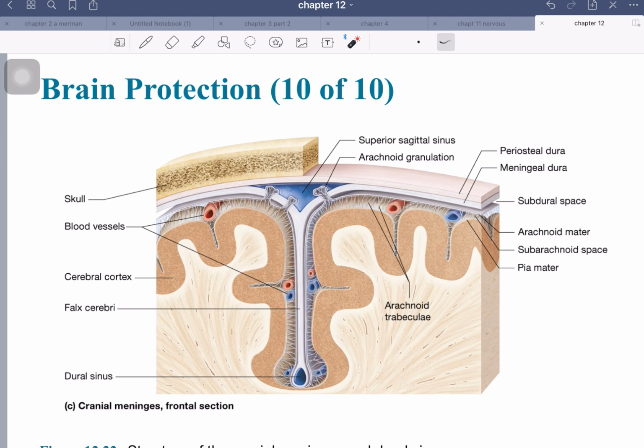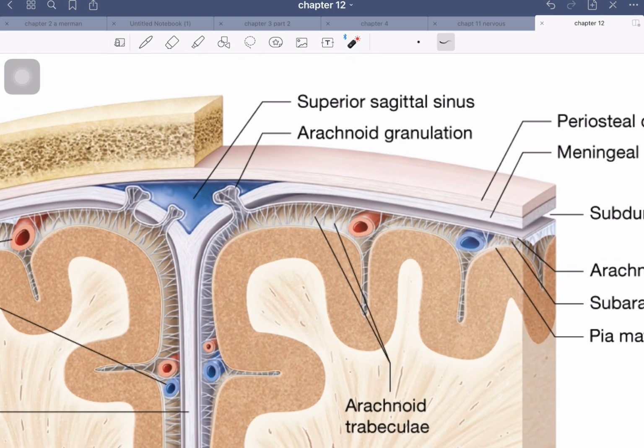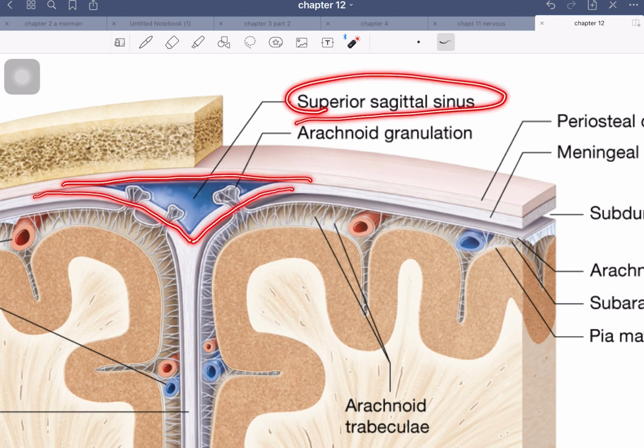And we can really start to see that here, the dura does look like it's just one layer, right? If you were to see it, you would assume it's kind of one layer, but we already know that it's made of two layers, the periosteal and the meningeal layer. And in a few spots, the two layers actually split. And that splitting allows for sinuses, like the superior sagittal sinus.